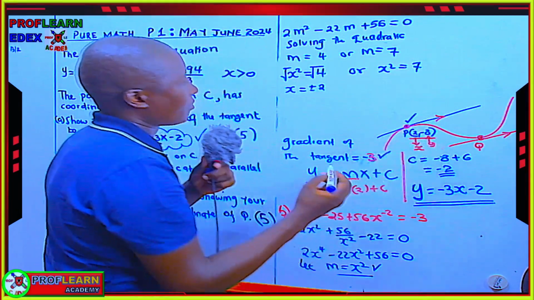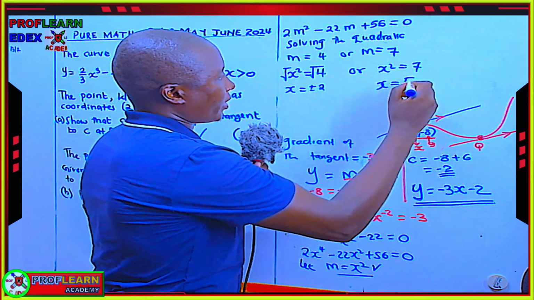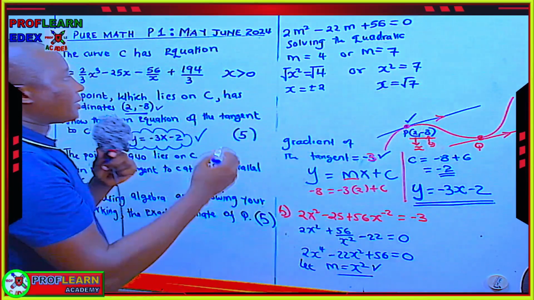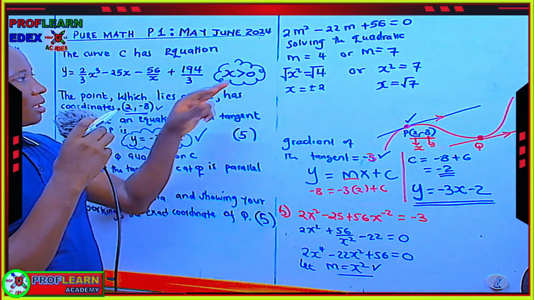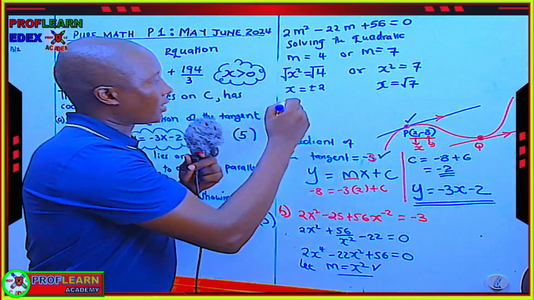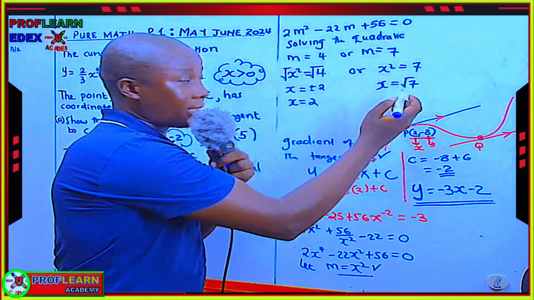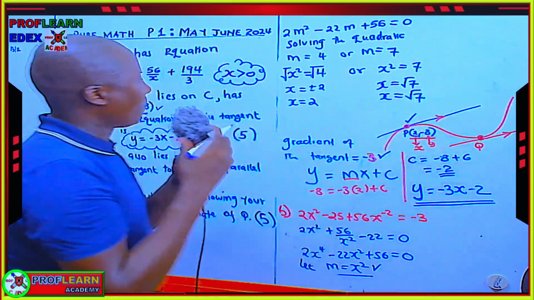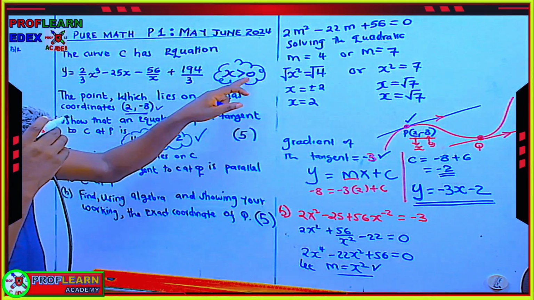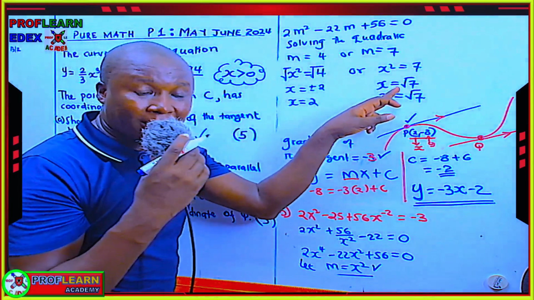And x is going to be equal to the square root of 7. And remember, we were told that x must be greater than 0. So x is equal to 2. This one has positive or minus, so x is going to be equal to positive root 7. Since x is greater than 0, we cannot take the negative, and also we cannot take the negative at this point.